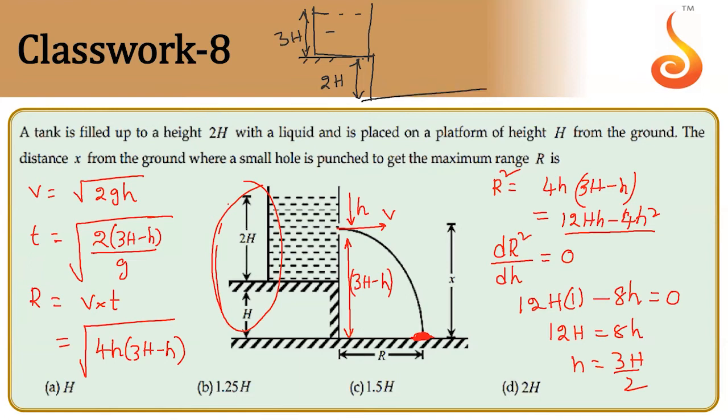At what height from the ground do we have to make the hole so that the range is maximum? Tell me. 2.5h. Very good. Understood? Easy. Shortcut formula.